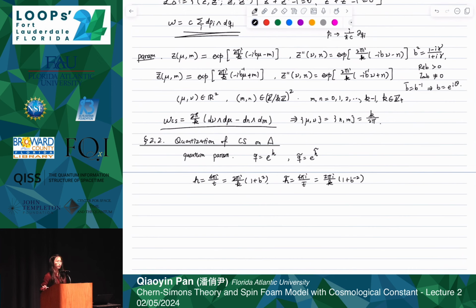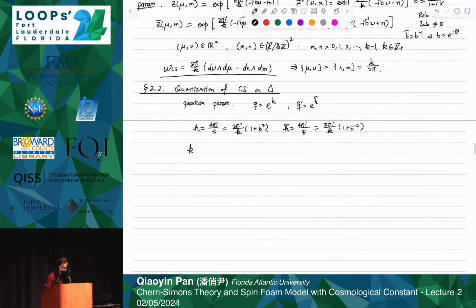And first thing first, why is it called a quantum parameter? Because we know that k, if you remember, equals 12 pi over gamma Planck length squared absolute lambda. We know the quantum parameter is the Planck length, which is a function of h bar, the Planck constant. Then h and h tilde are also functions of k, so also functions of h bar.